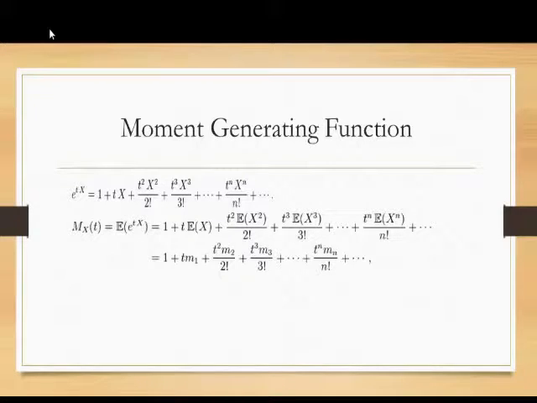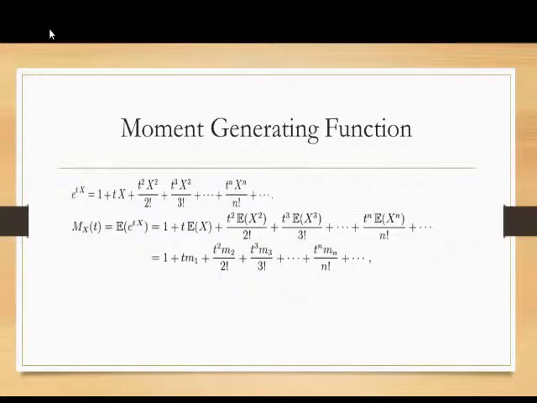Now, this process can be continued because the 2 factorial is matching everything which is coming down. When you take the theta squared, the 2 comes down, cancels with the 2 factorial, and you get theta times E[X squared]. So the second time you differentiate, the E[X squared] will be there, the E[X] will disappear because it's a constant, and when you set theta equal to 0, all the higher order terms will disappear.